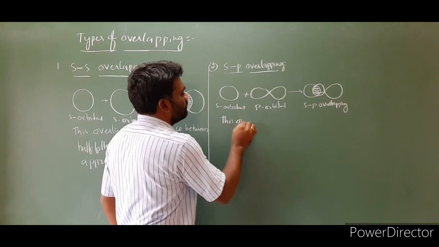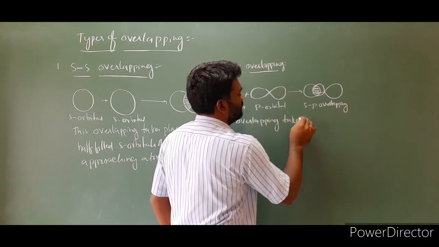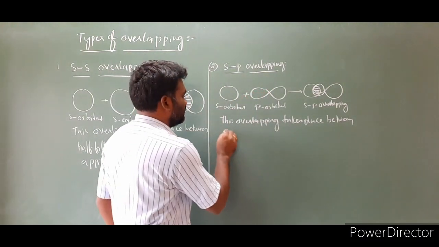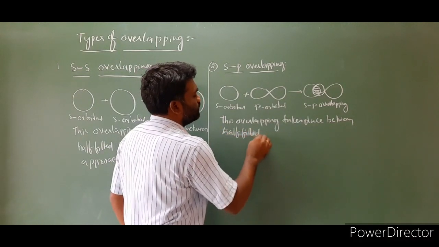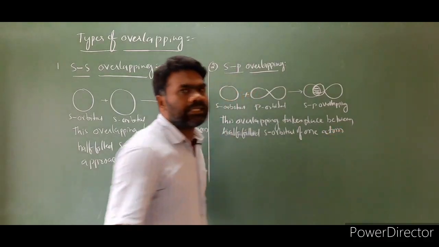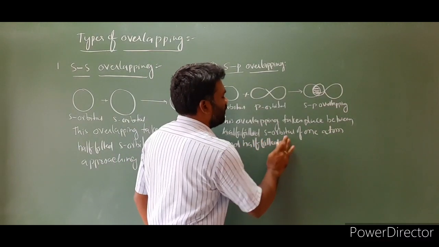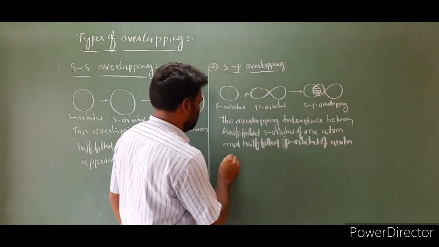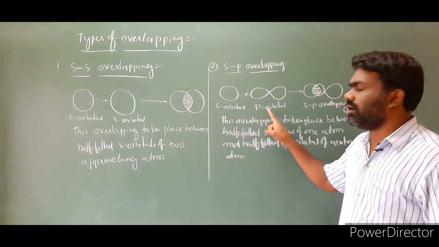So let us write the sentence. This overlapping takes place between a half-filled s orbital of one atom and a half-filled p orbital of another atom.